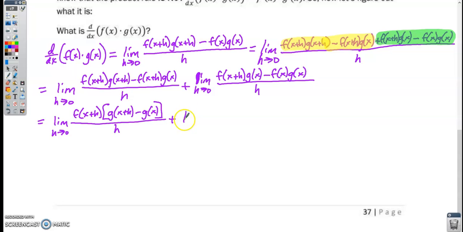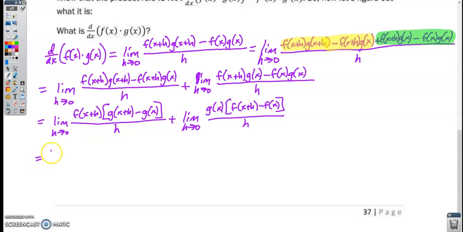And in the second one, I can factor out g of x from both terms. And now I'm going to use another one of my limit properties. I'm going to use the product property of limits. Namely, I can split each of these limits into the product of two things that are equivalent to that limit.